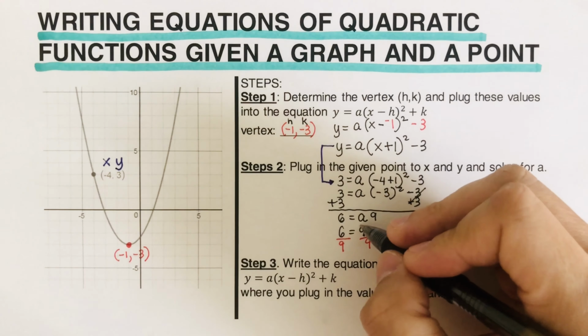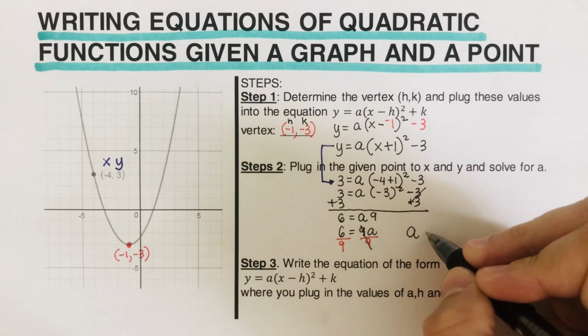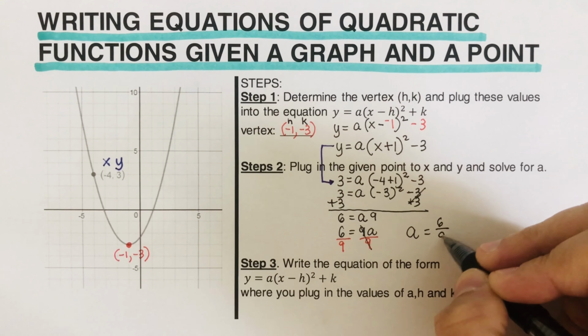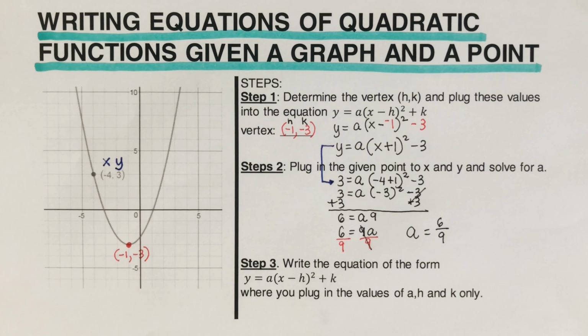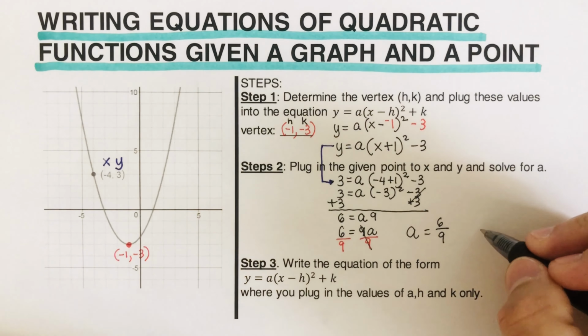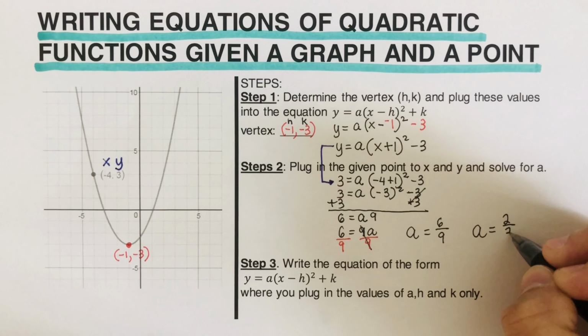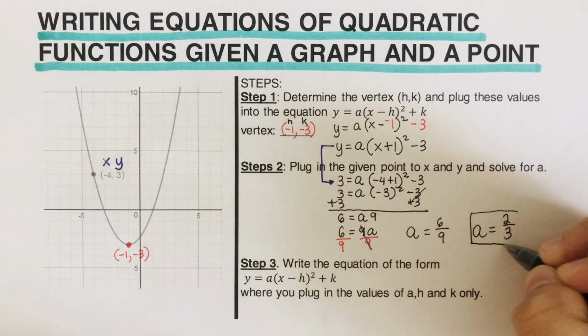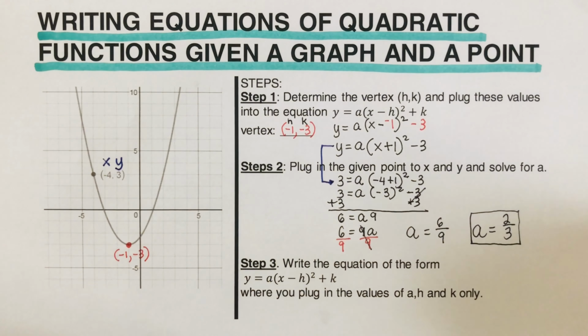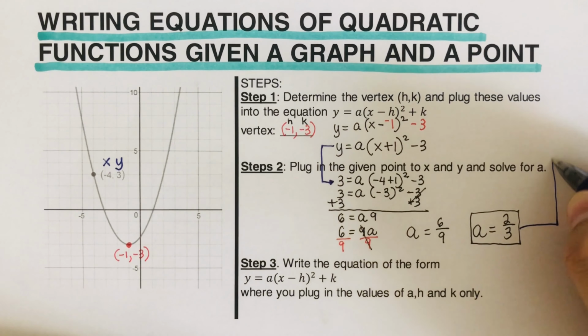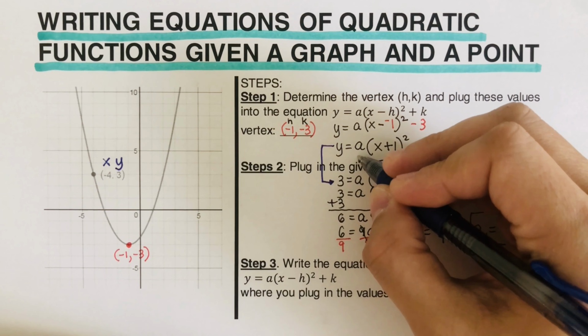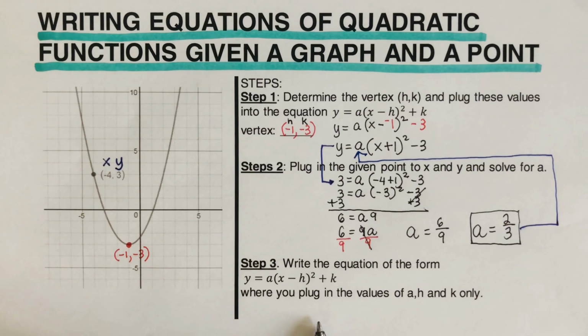So then we can cross out the 9. Our a is equal to 6 over 9. But both of them, 6 and 9, are divisible by 3. So then we can say our a is equal to 2 over 3. So that's 2/3. That is our a. And this is the number that we plug back into this equation right here in order to write the equation down here.